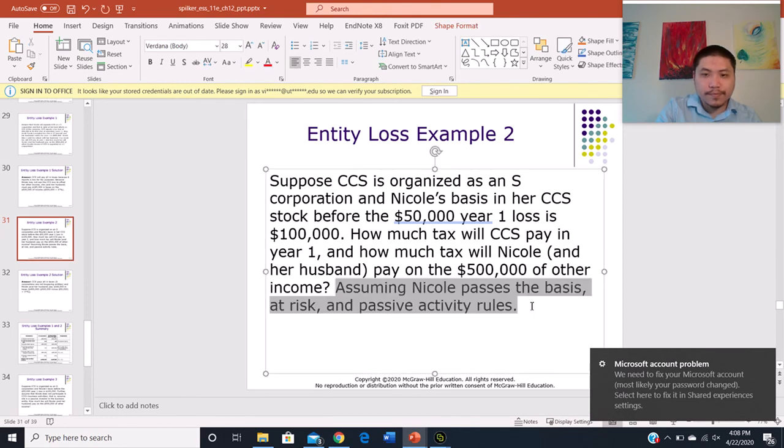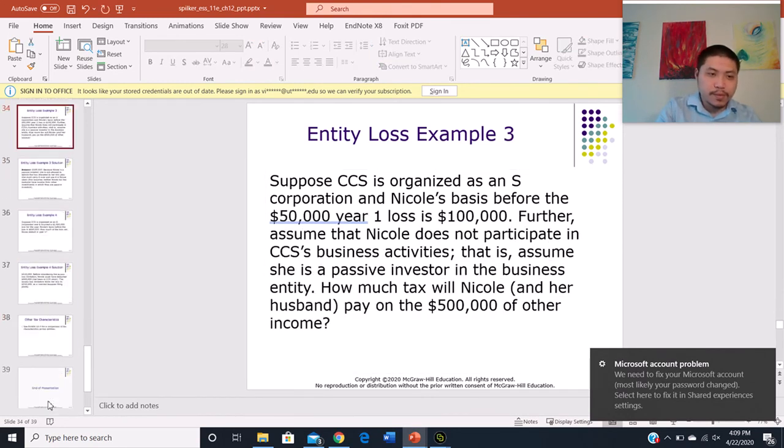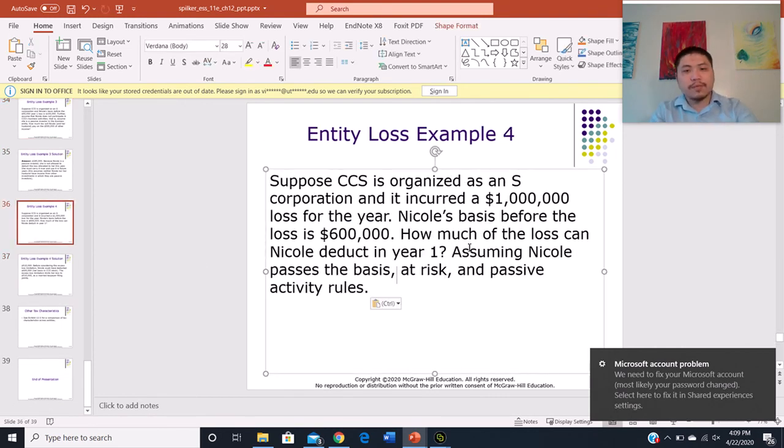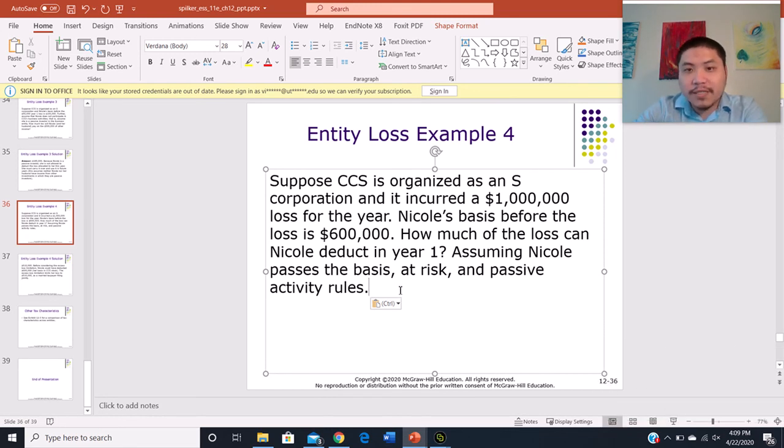So assume that she passed all the tests, and her basis was $600,000, and the loss was $1 million. How much can she deduct?